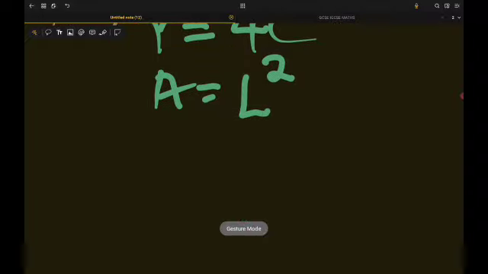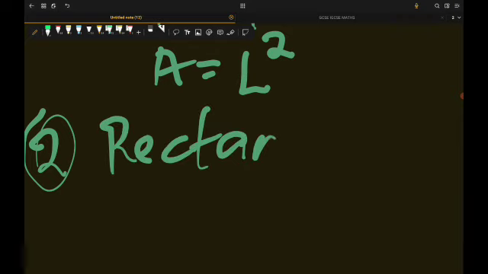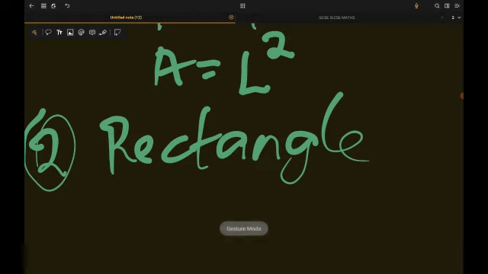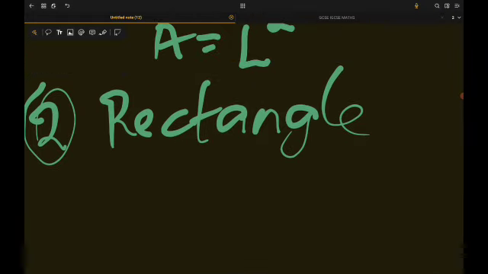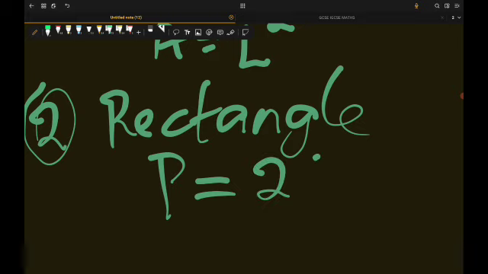Number 2, we talked about rectangle. The perimeter of a rectangle is always equal to 2 into bracket of length plus breadth or width, depending.